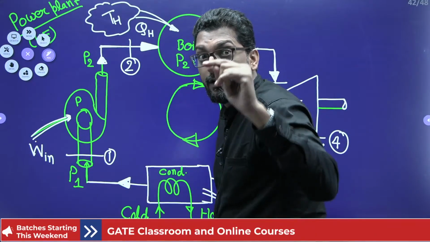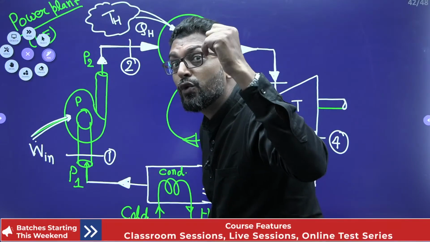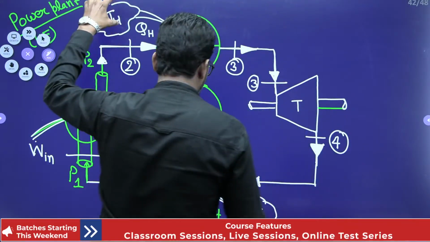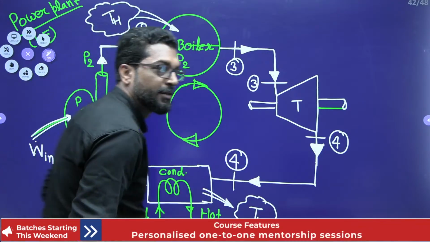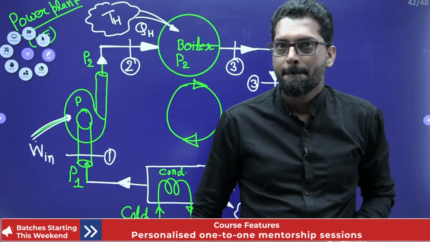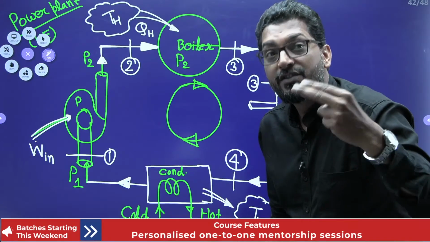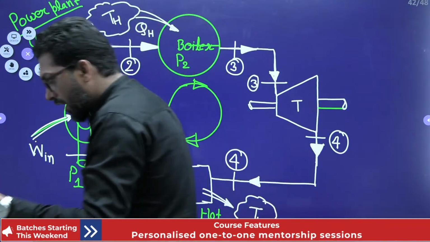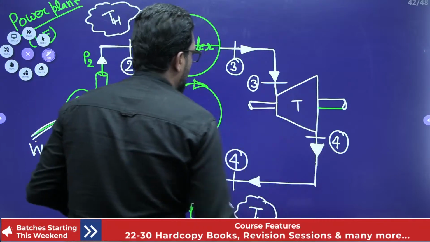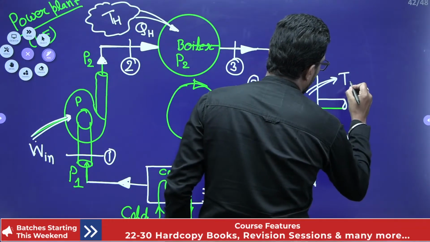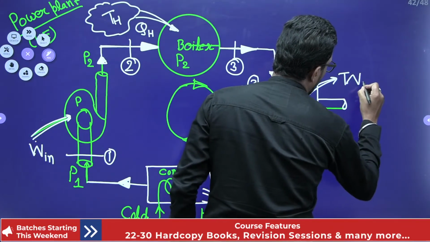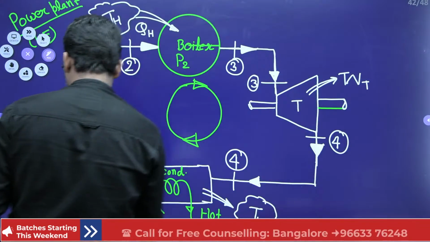It works on a 2 temperature limit. Second, it produces a net work. That means there is a WT, the turbine work, and there is a WP, the pump work.